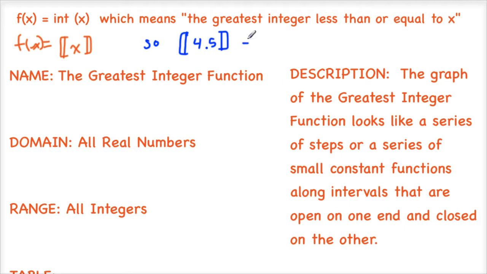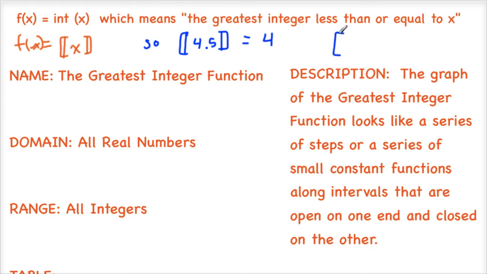So the greatest integer that is less than or equal to this is 4, because 4.5 is between the integers 4 and 5, and the integer that is less than or equal to that is 4, right? Because 5 would be greater than 4.5, so that's why 4 is the answer there.